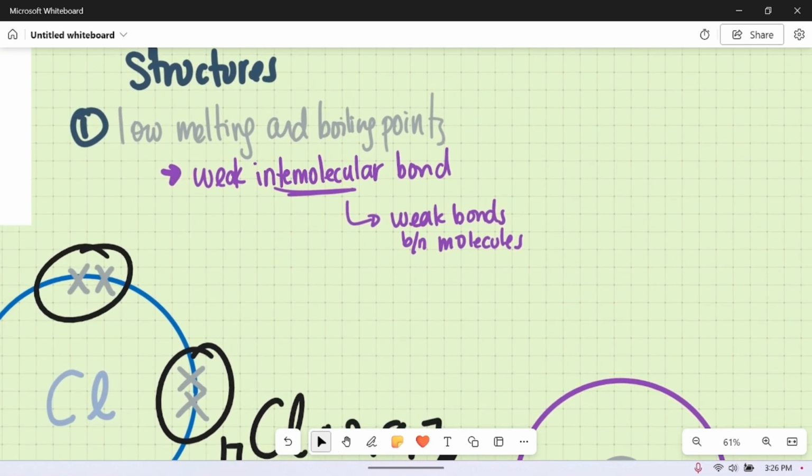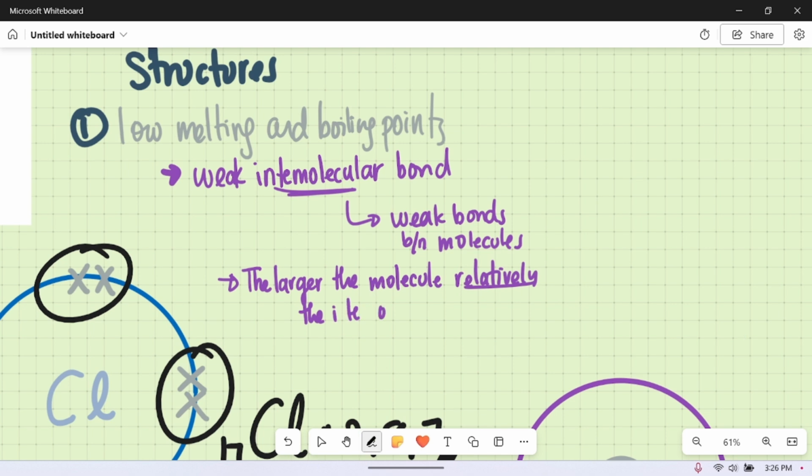One trend to keep in note is that even though these intermolecular forces are weak, going down the group, the larger the molecule, relatively, the intermolecular bond becomes stronger.